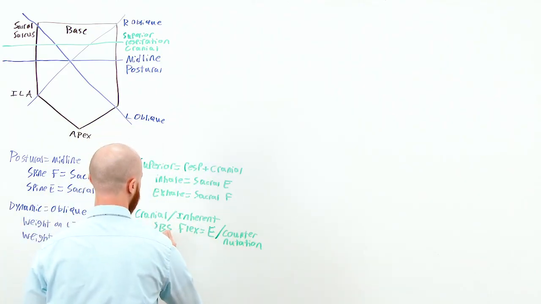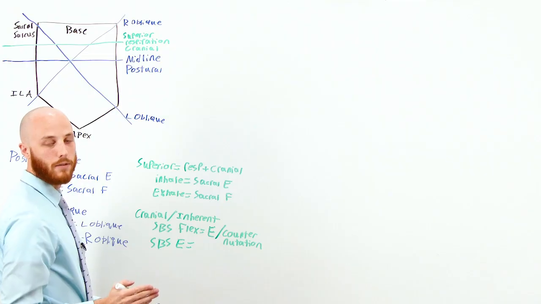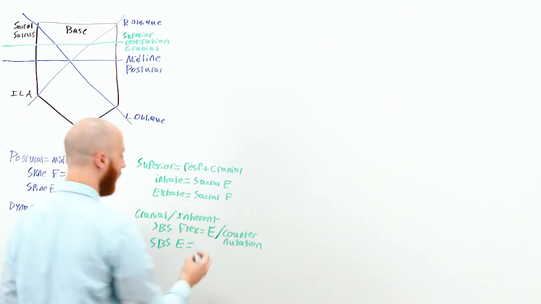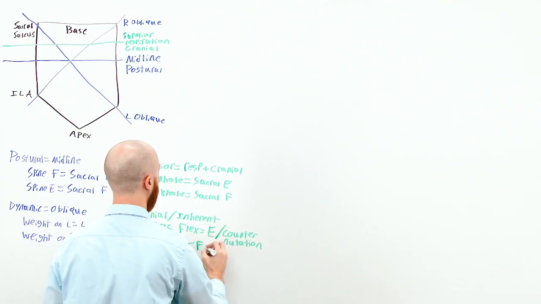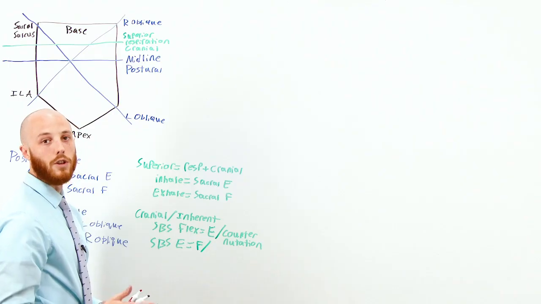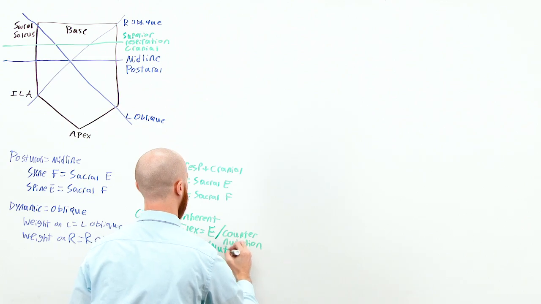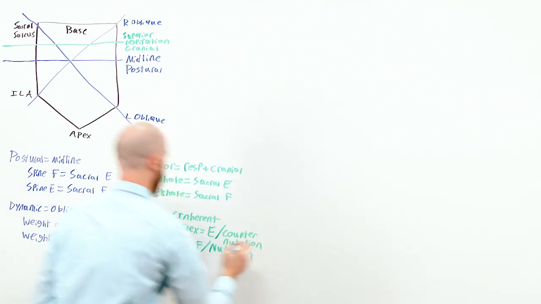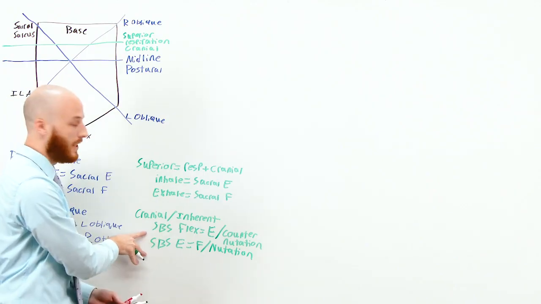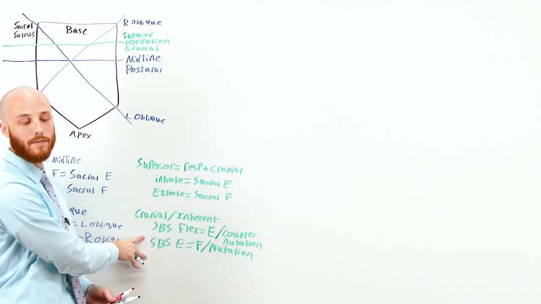When the SBS goes into extension, the sacrum is going to tip forward into flexion. And this motion in the world of cranial is called nutation. Don't worry about what these mean just yet. We have a lecture devoted all to cranial later in the series.